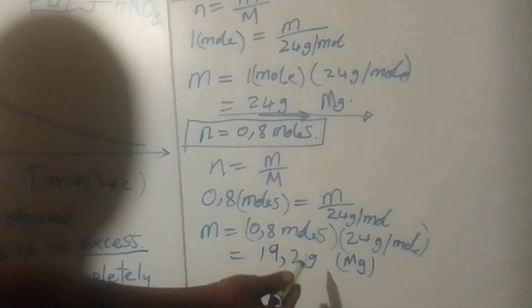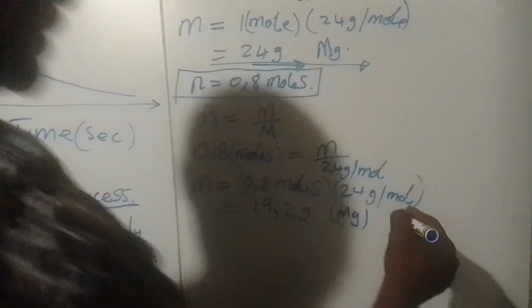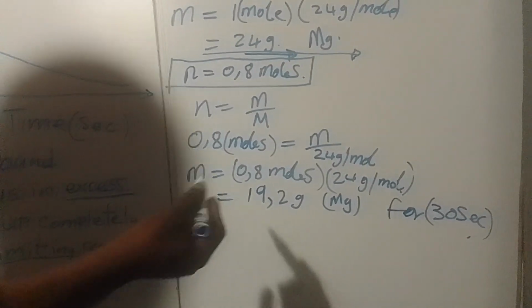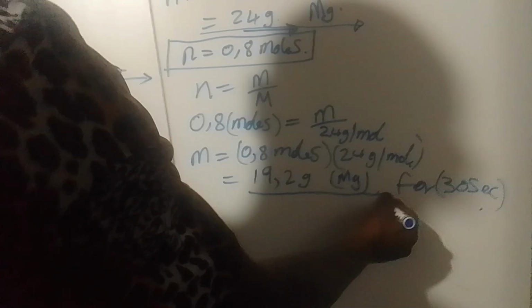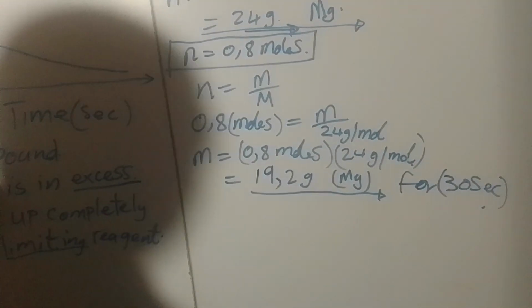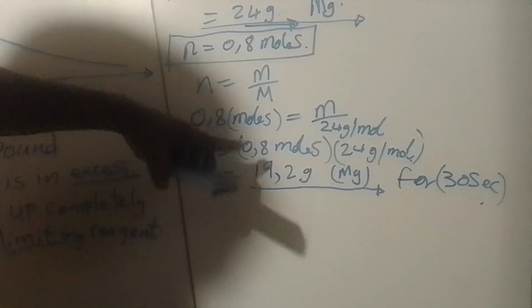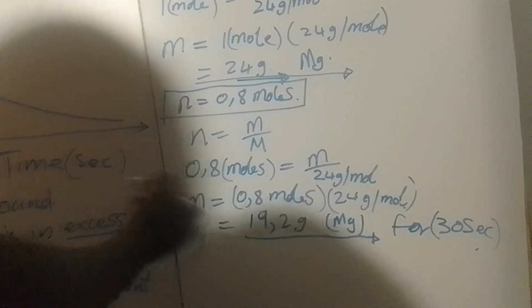After it has reacted for 30 seconds, now we have magnesium of 19.2 grams. How much of the magnesium has been used?